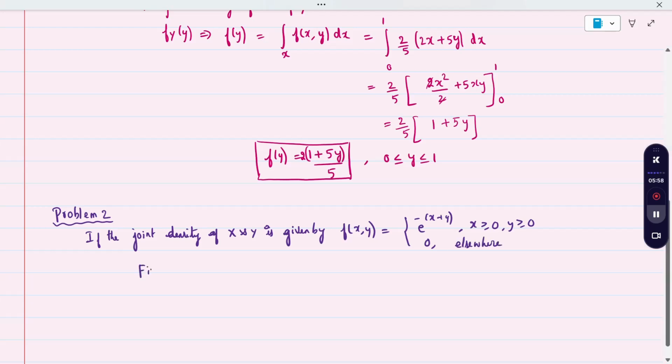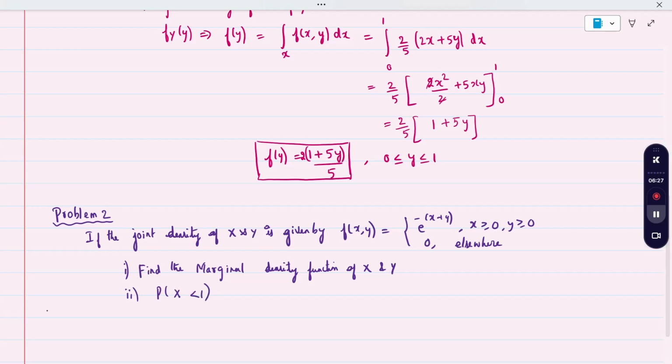Find the marginal density function of x and y. I will give you one more subdivision: probability of x is less than 1.